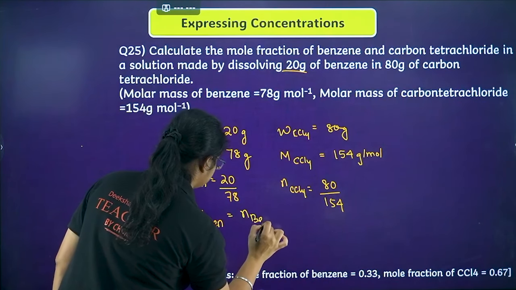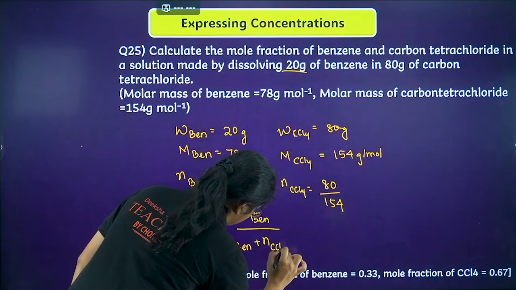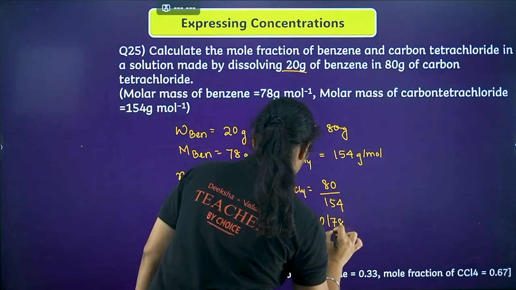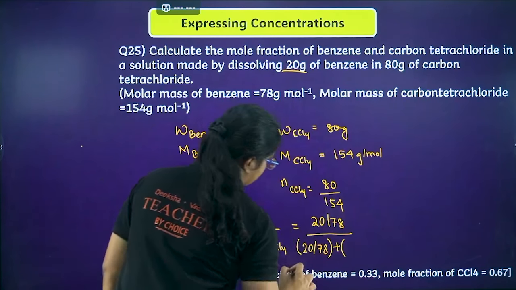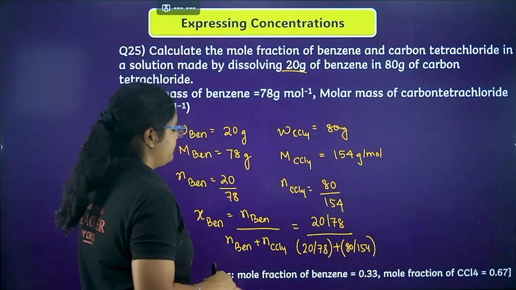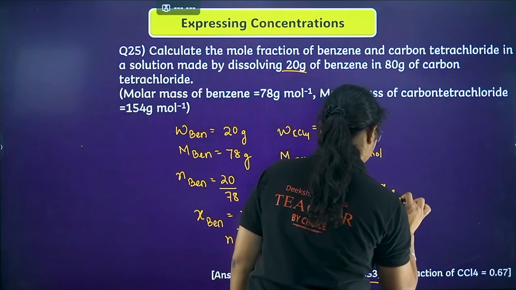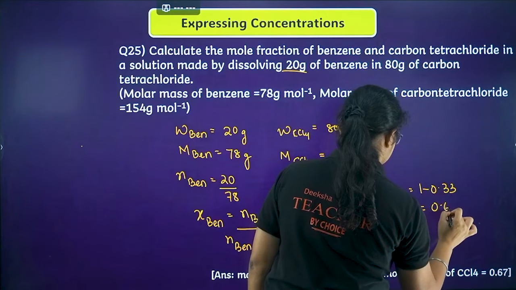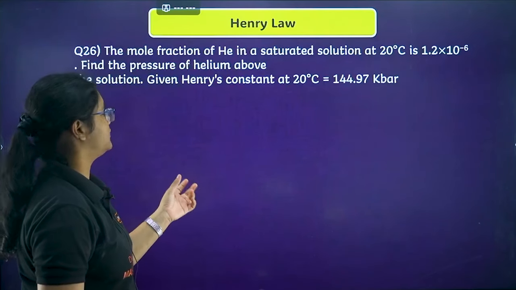It is number of moles of benzene divided by number of moles of benzene plus number of moles of carbon tetrachloride, which is equal to 20 by 78 divided by 20 by 78 plus 80 by 154. If I solve this, you will get the mole fraction of benzene as 0.33. Now the mole fraction of carbon tetrachloride will be 1 minus 0.33, which is equal to 0.67. Clear?